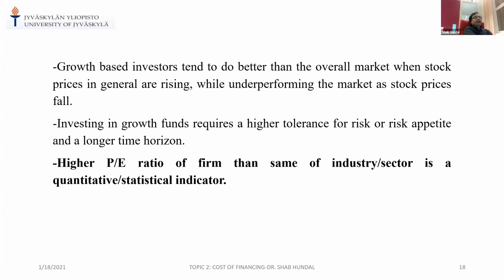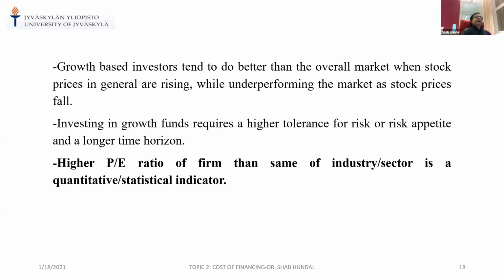So the idea is that the growth-based investors buy expensive because they hope that it will become even more expensive in the future. Whereas the value-based investors buy something cheaper, but cheaper doesn't mean that it's not a good investment, but just because there is some unfavorable treatment given by the market to this stock.